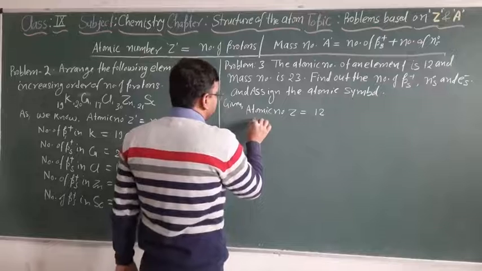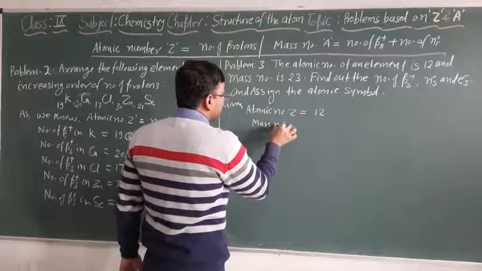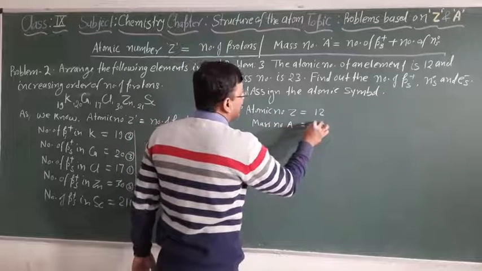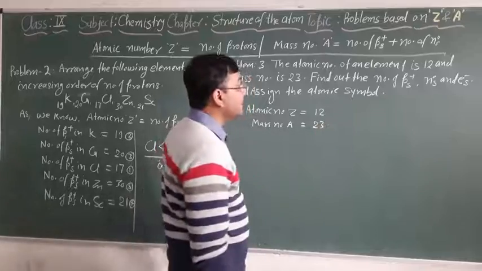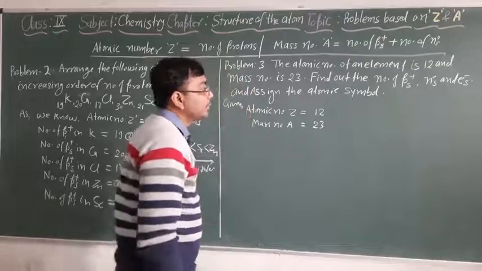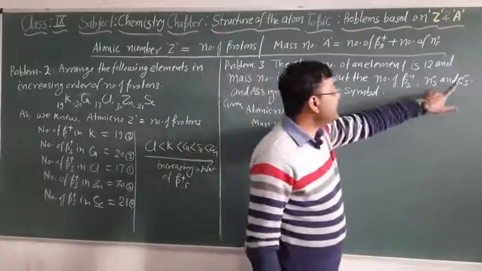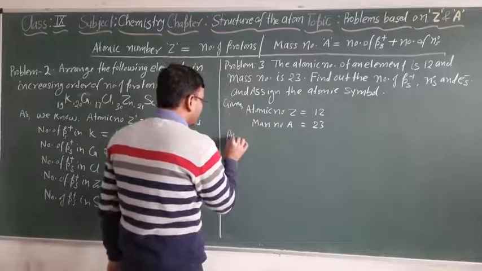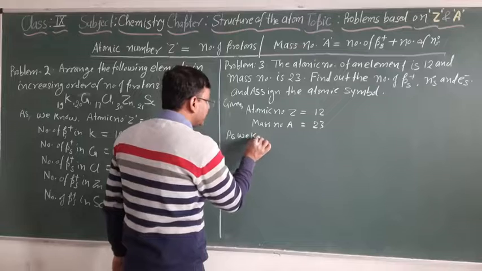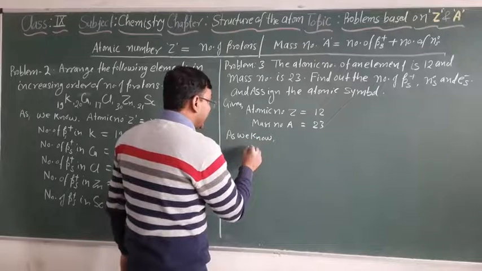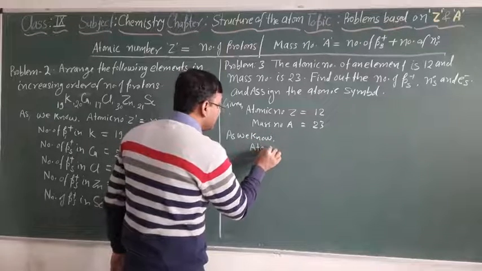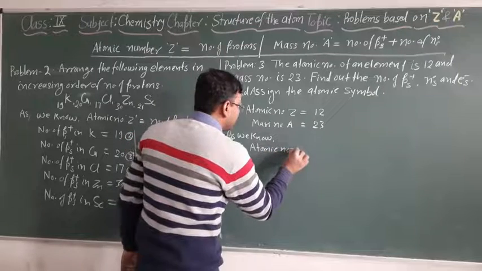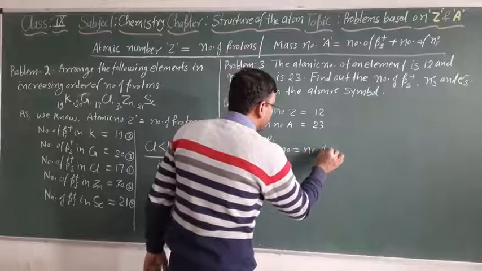Then mass number A is equal to 23. Find out the number of protons, number of neutrons and number of electrons. So as we know, atomic number is equal to number of protons.